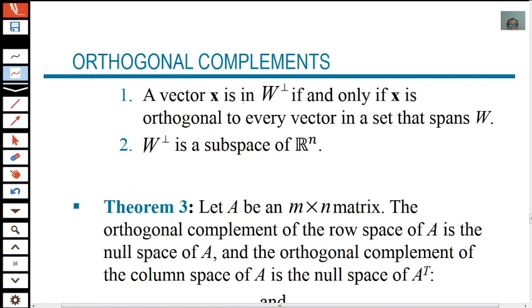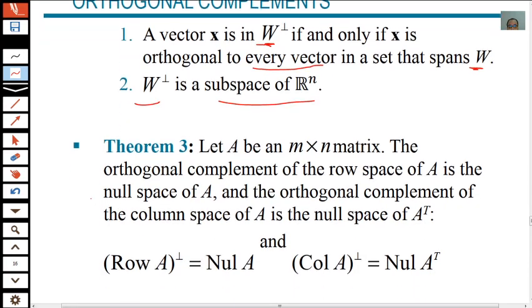So a vector X is in this set if and only if X is orthogonal to every vector in a set that spans W, and this special set is a subspace of Rn.